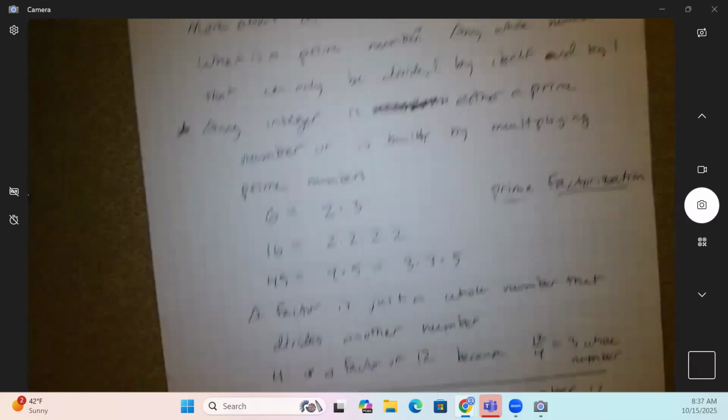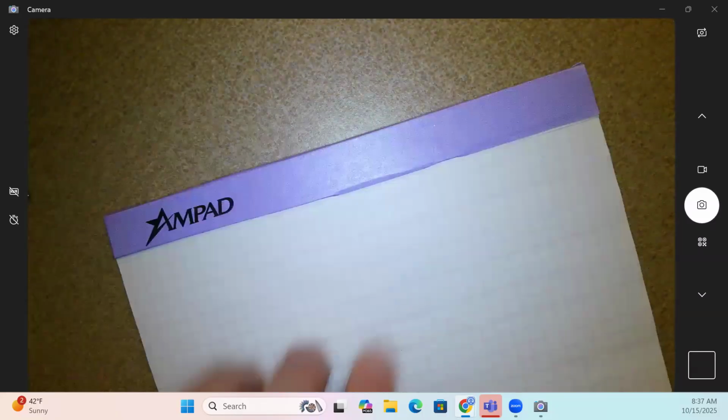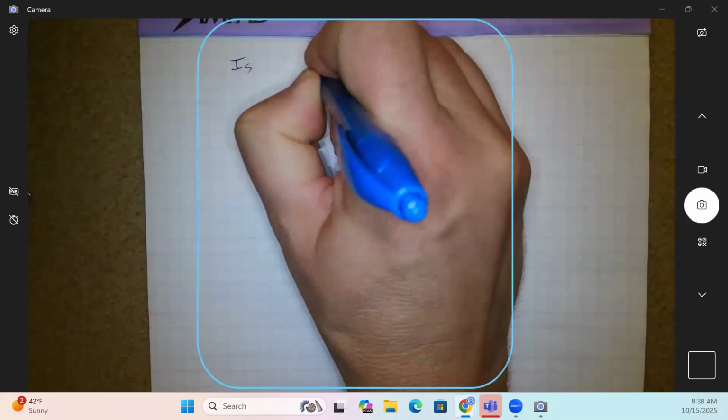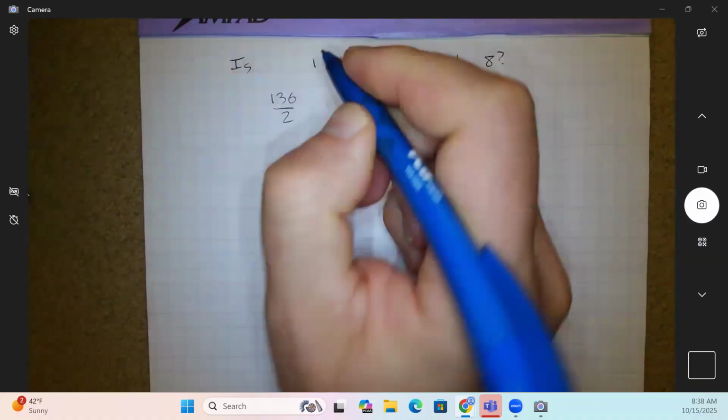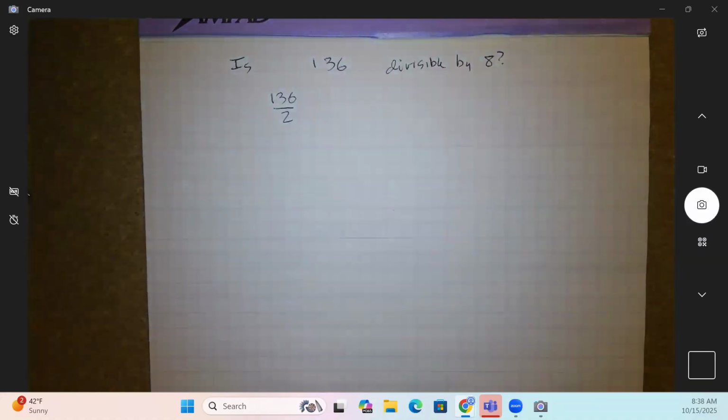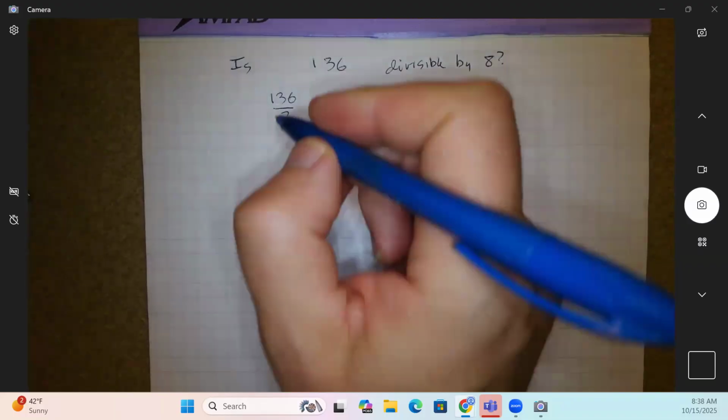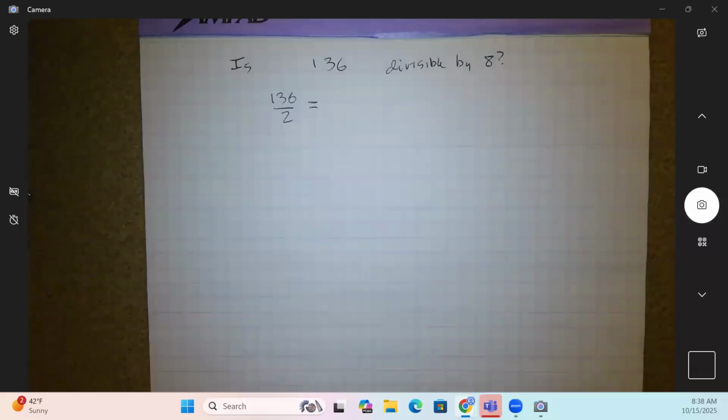Let's find out if a number is divisible by 8. We did that before with the 120 by counting our way up. Now we're going to do it using prime factors. Is 136 divisible by 8? Well, if it's divisible by 8, it better be divisible by 2. Because 8 is 2 times 2 times 2. And I can look at that and I know, okay, 136 is even. So yes, it definitely is divisible by 2. Let me grab my calculator and figure out what that is. 65 and another 3.